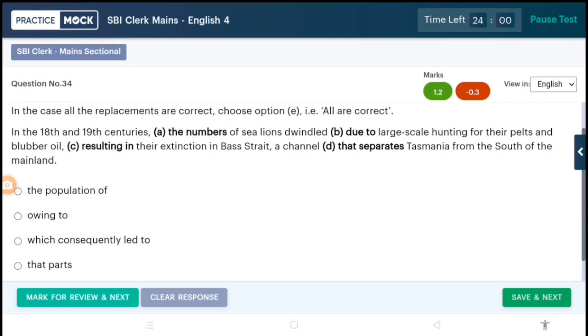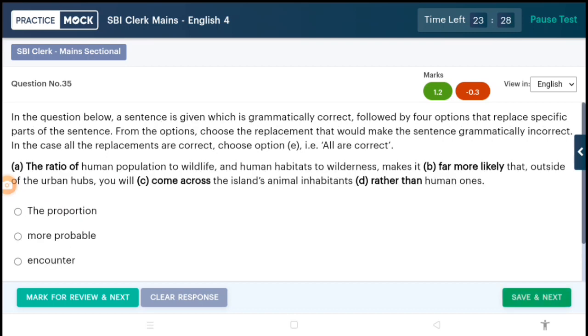Their pelts and rubber oil, which consequently led to a channel. In the 18th and 19th century, the numbers of sea lions population, I think.